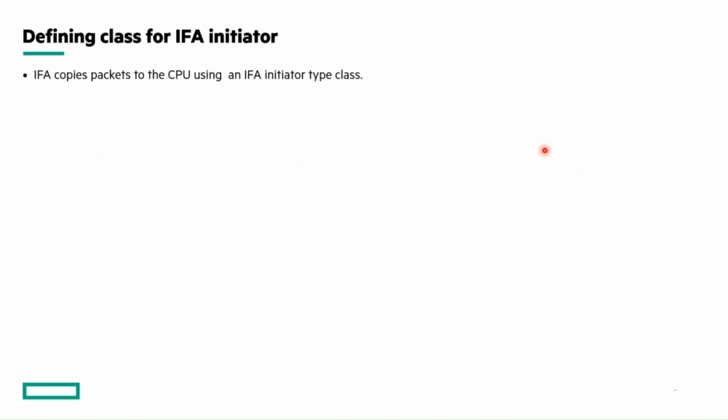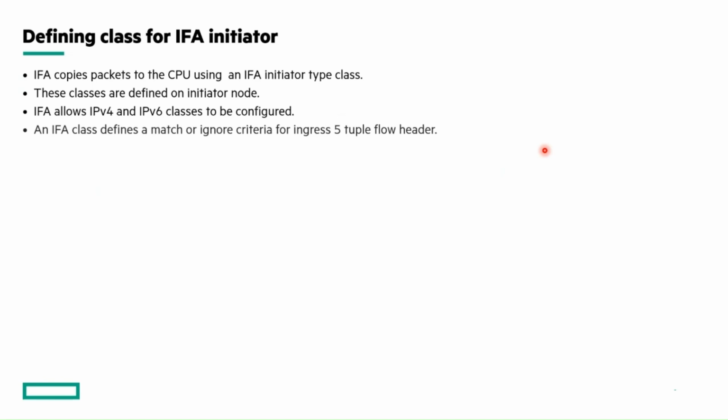Now here comes the class definition. IFA copies packets to the CPU using an IFA initiator type class, and this is again an initiator-specific configuration that needs to be done. These classes are defined on the initiator node, and IFA allows IPv4 and IPv6 classes to be configured.